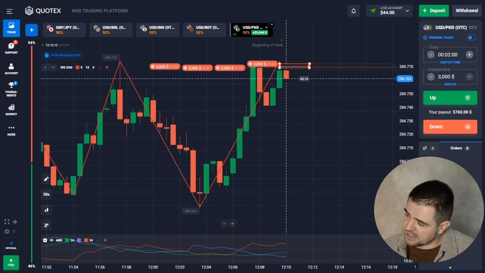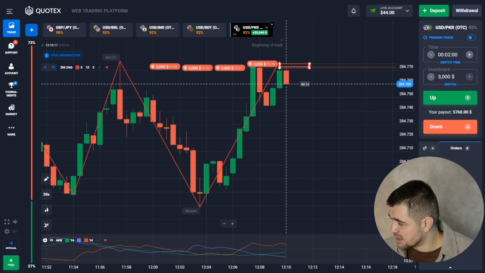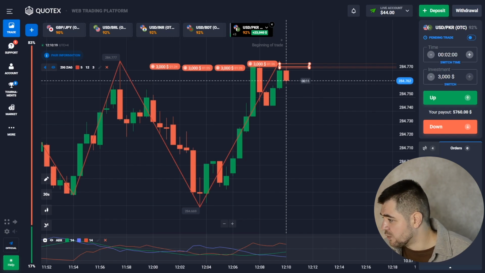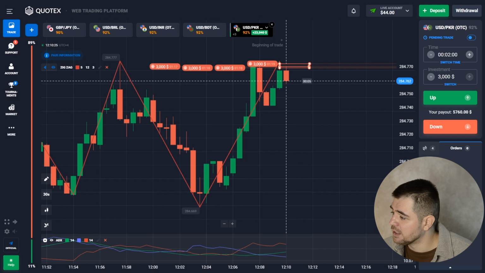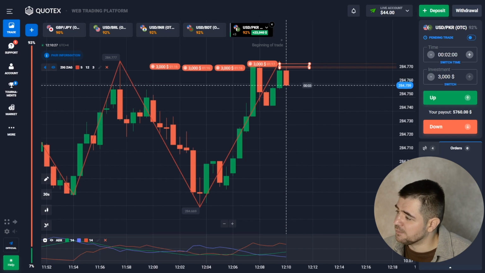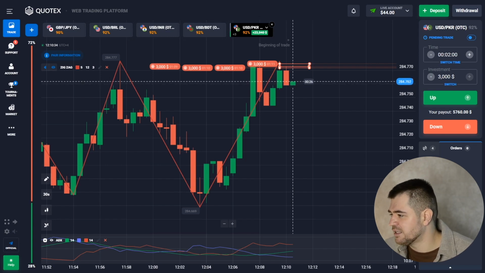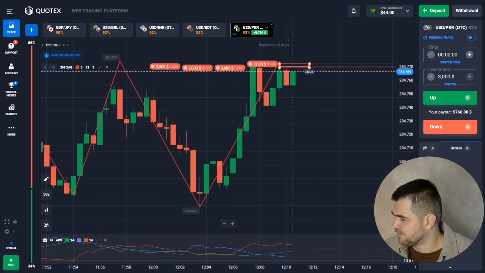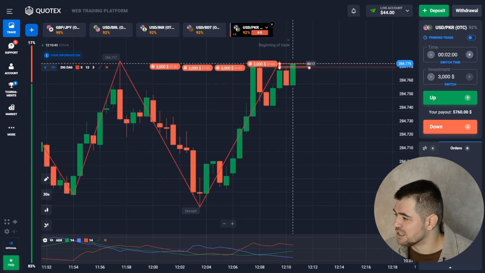This is the idea, because also the ADX is showing the strength is fading from this trend. So let's see where it brings us, but this is the idea behind it. I don't know if you get it, but this is the idea. The strength of the market is dropping. We have the resistance level there.